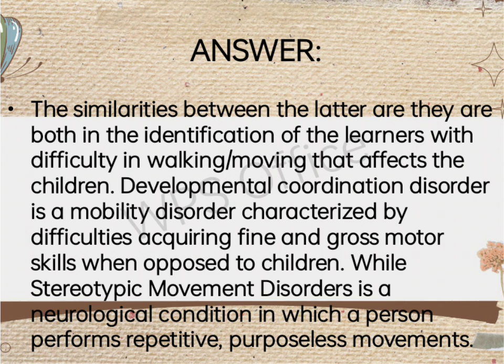Developmental coordination disorder is a mobility disorder characterized by difficulties in fine and gross motor skills when compared to other children. While stereotypic movement disorder is a neurological condition in which a person performs repetitive, purposeless movement.